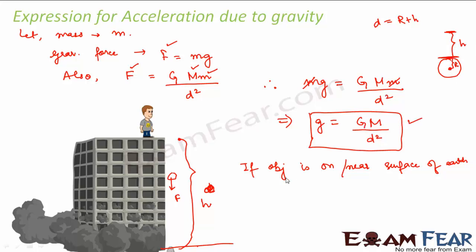Now if the object is on the surface of the earth, if your stone already lies on the surface of the earth, in that case in the expression of g, d will be replaced by capital R, that is the radius of the earth. So in that case g becomes equal to capital G into capital M divided by R square, right? So this is the expression for acceleration due to gravity of the earth.